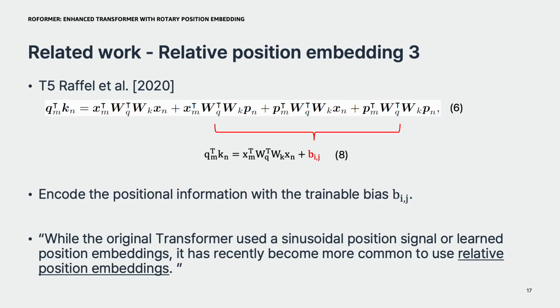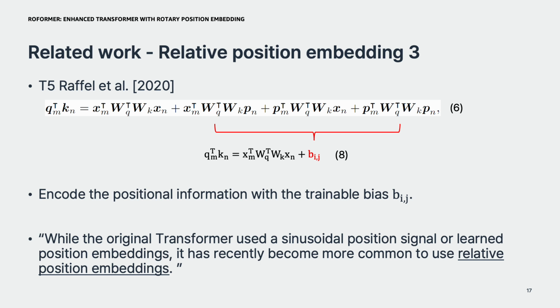Subsequent studies have proposed various methods for relative position embedding by modifying or combining the approaches of Shaw and Transformer XL. For example, the T5 paper redefined the parameter introduced by Shaw as bias and made them learnable. While the implementation differed, the core insight is shared.